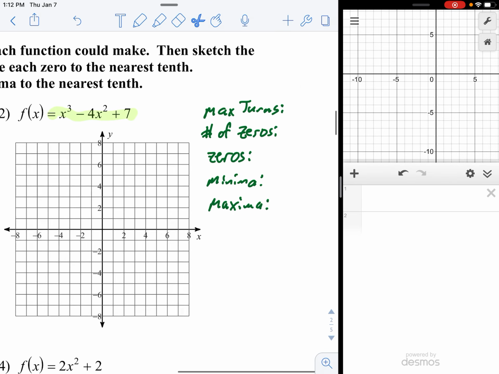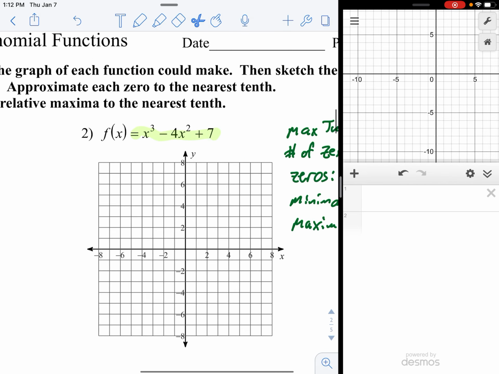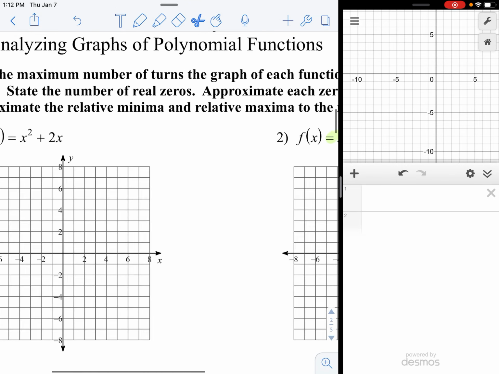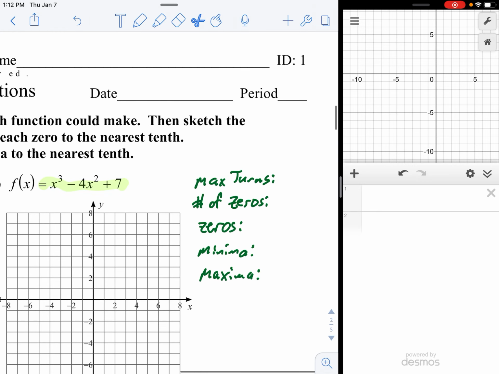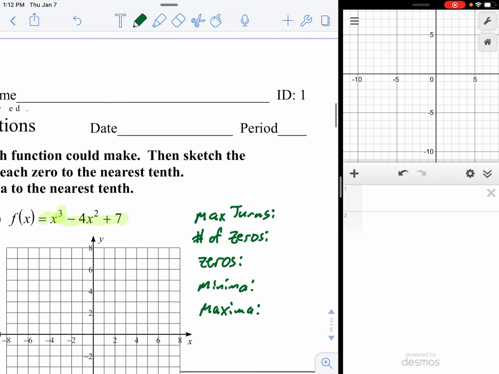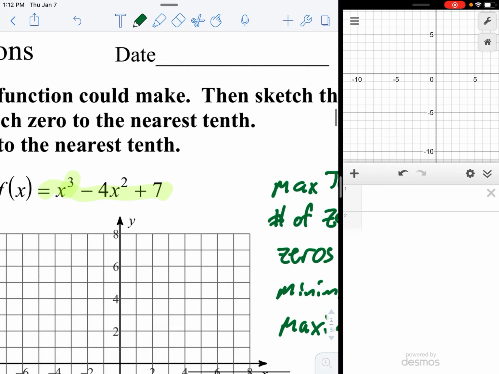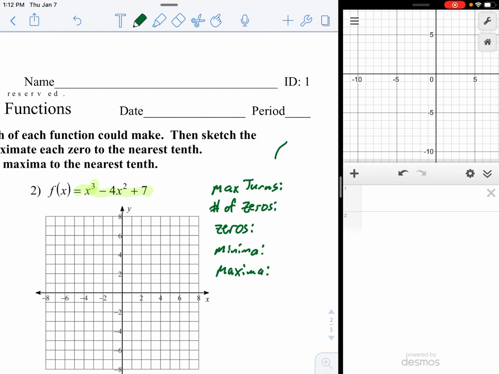But, okay. So, state the maximum number of turns. We talked about this a little bit yesterday when I did end behavior. So, in general, a third degree polynomial with a positive lead coefficient has this kind of shape right here, that spaghetti shape. But it could also have this shape.